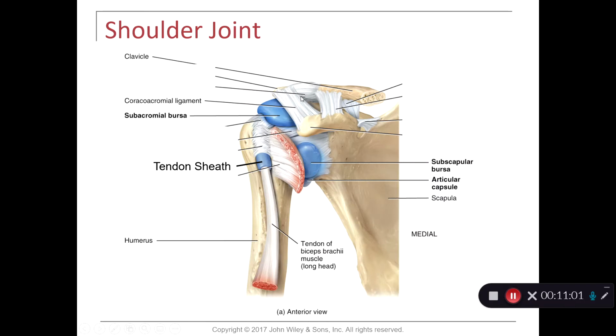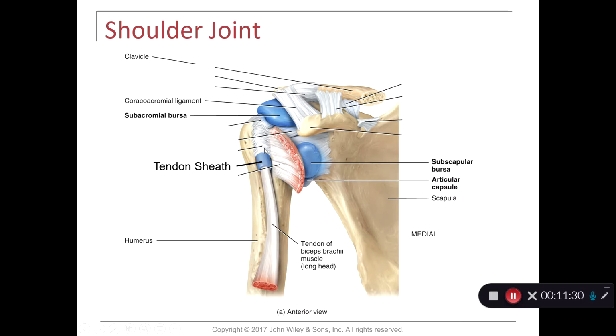Bursas are little pockets of liquid, either in between bone and bone to help, again, with that shock absorption, or maybe between bone and muscle to help avoid rubbing, which is fantastic because if it keeps rubbing and rubbing, you're going to damage tissue. And if you damage ligaments and it becomes weak, you're going to destabilize a joint, and it's not going to be a happy place to be.